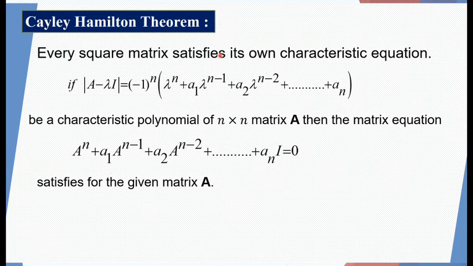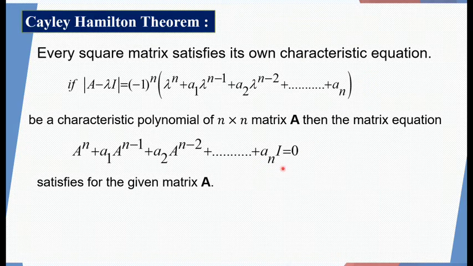It means in this particular characteristic equation we replace this lambda by the matrix A, and when we write sum or difference of some matrices, then we cannot add or subtract a single number.